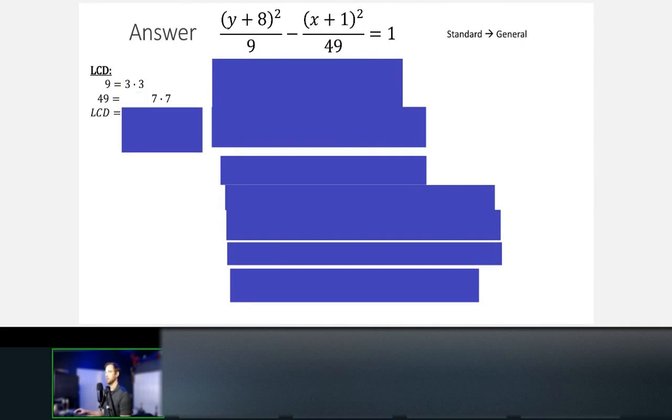Now, if you notice, I have a 3 column, another 3 column, a 7 column, and a 7 column. Once you have all the columns and all the prime factors, you just drop all the columns. When you drop all the columns, you then multiply them all together, and that's how you get 441. That's how I recommend doing the LCD. It is, in my opinion, probably the easiest way to get the LCD.